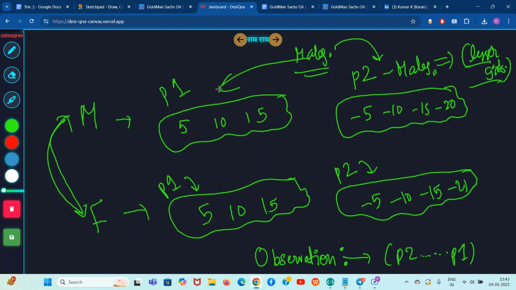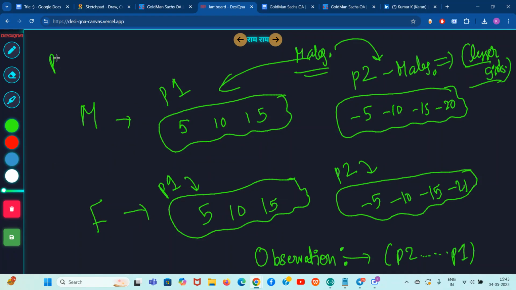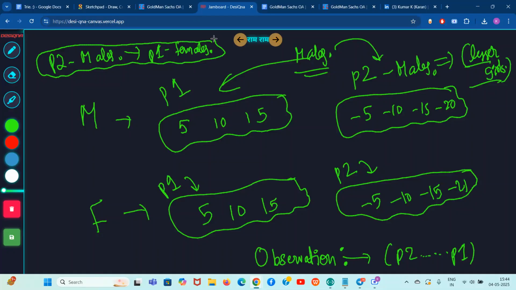Two males cannot bond with each other. Gay relationship, lesbian relationship is not allowed. So I am saying that P2 males can try to bond with P1 females.